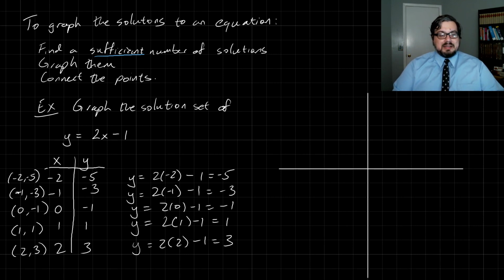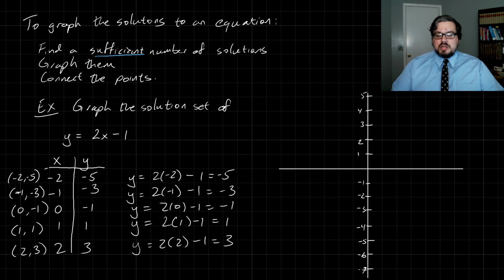Notice in particular, I see that my y values are going down to -5 and up to 3, which means to graph this out, I'm going to want to include vertical coordinates at least up to 3 and down to at least -5. And often it's helpful to go even a little below that. So -1, -2, -3, -4, -5, -6, -7.